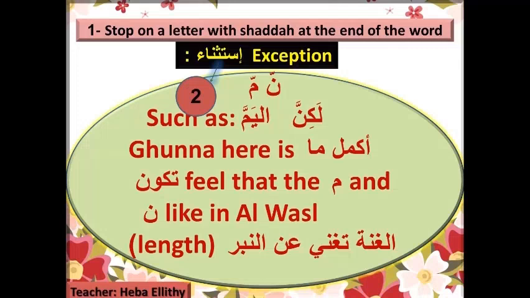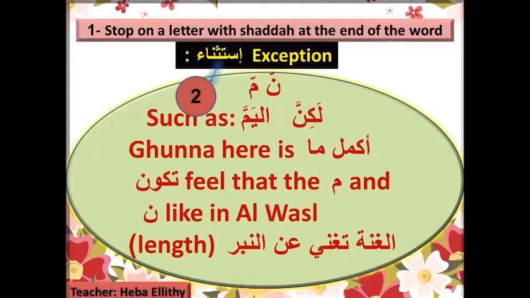When I stop on a word, for example لكن, I give it the same time as when I connect. لكن. So the one who is listening will get it right away. It's two noon, not one noon.